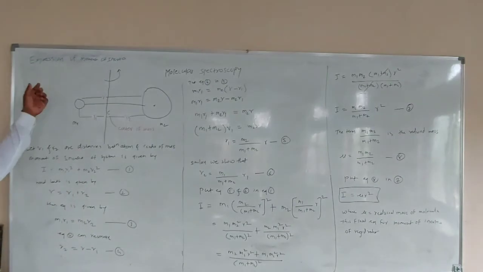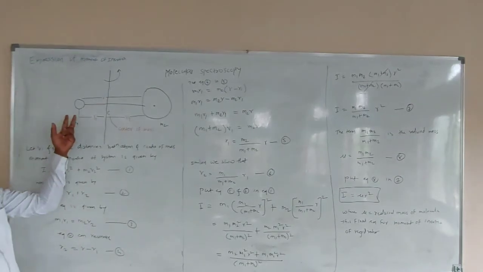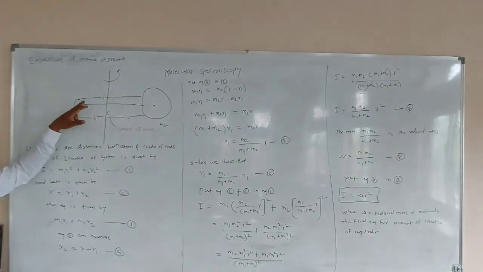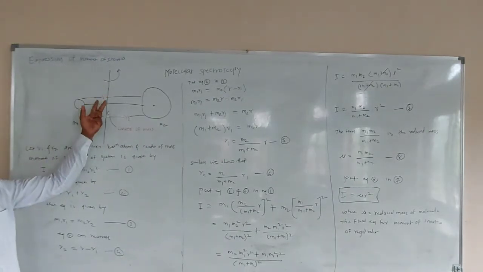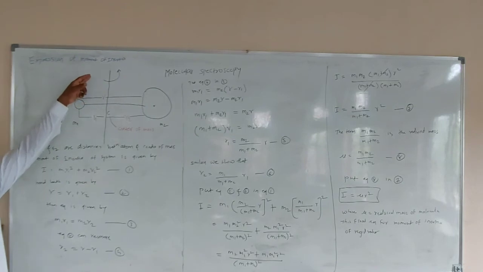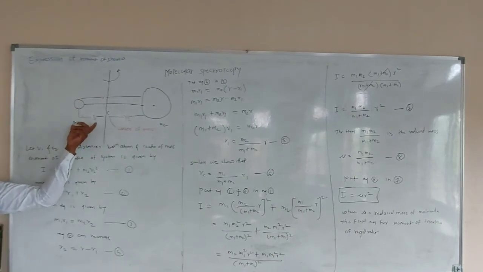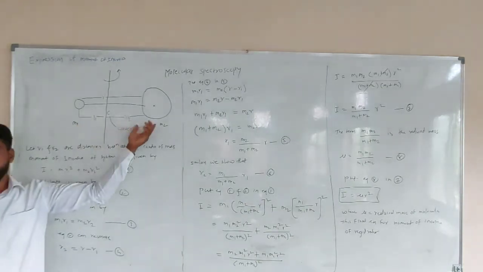Now let us revise this equation. First we draw the diagram. There are two atoms of masses m1 and m2, and there is a bond length R between the two atoms, and one axis passes through the center C. C is the center of mass. The distances between the atoms and the center of mass are r1 and r2.